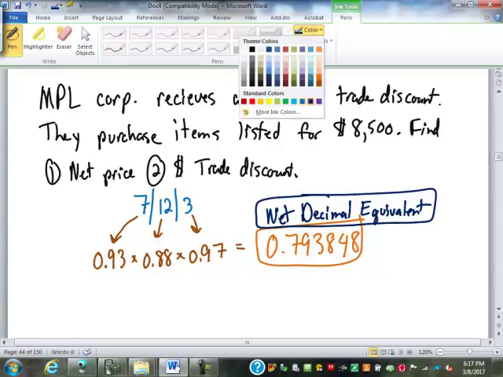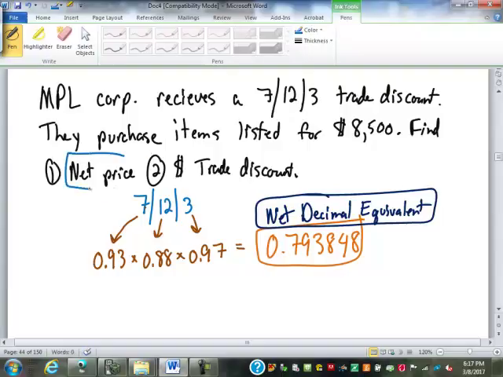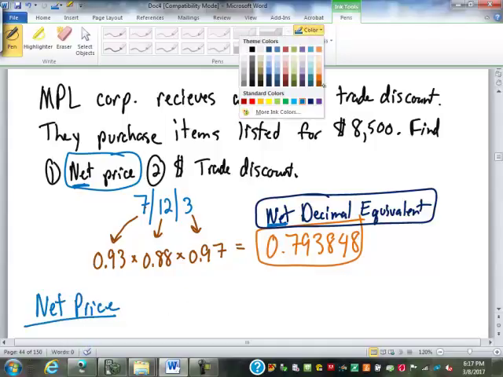Normal discount, right? That's used to find net price. The word net is your connection there. Net decimal equivalent finds the net price. So we can find the net price off of that.